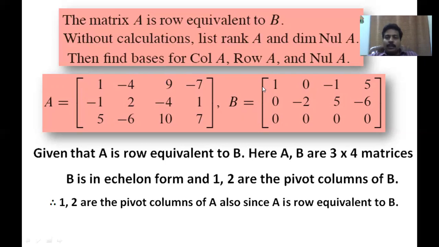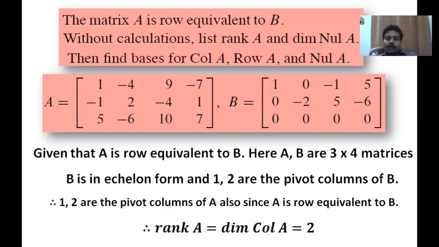Once we find the pivots in pivot columns in echelon form, since we are performing only elementary row operations and both the matrices are row equivalent, we can say that the same columns will also be pivot columns in matrix A. So here the first two columns of B are pivot columns. So first two columns of A are also pivot columns of A. So there are only two pivot columns.